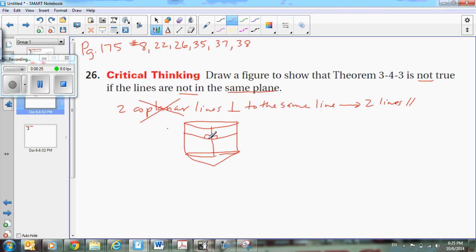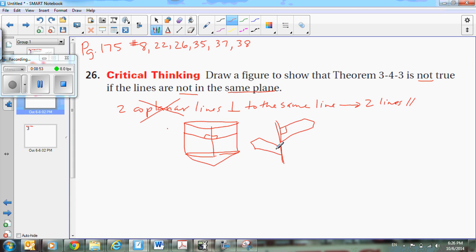All right, so see if you can come up with another example. The example I have used is if you've ever seen those direction signs where there's a post, and then there'll be one sign here that says go this way to go to New York or something like that. Okay, this sign would be perpendicular to the post, and then another sign pointing in a different direction, go this way to go to California, let's say.